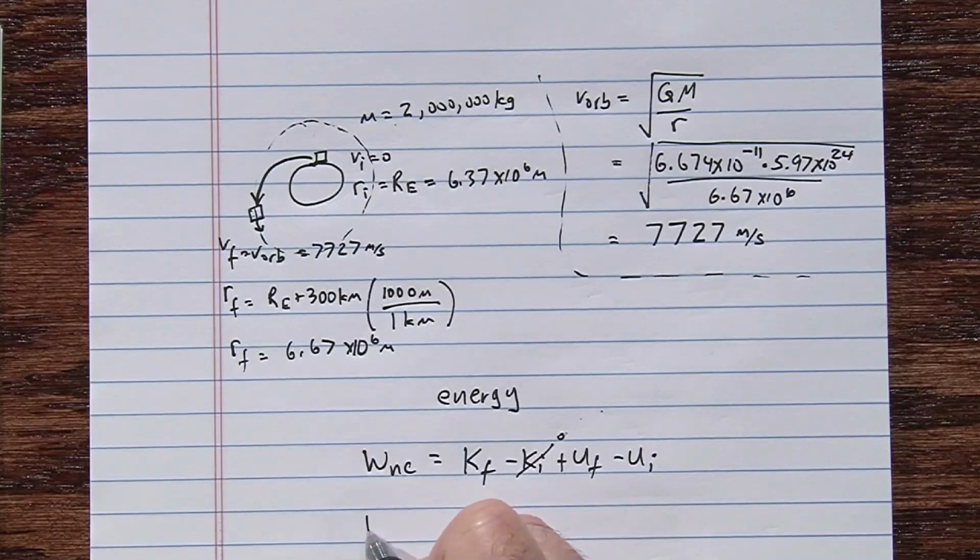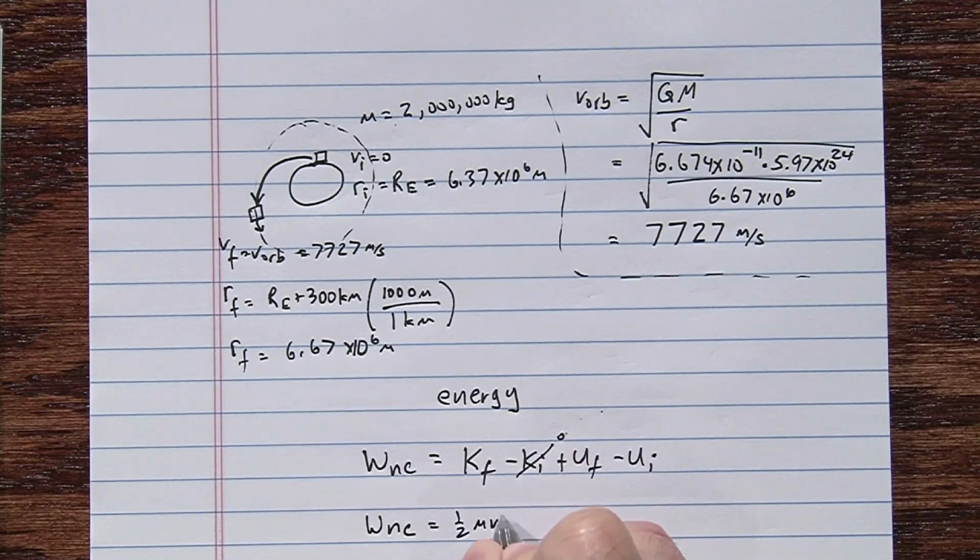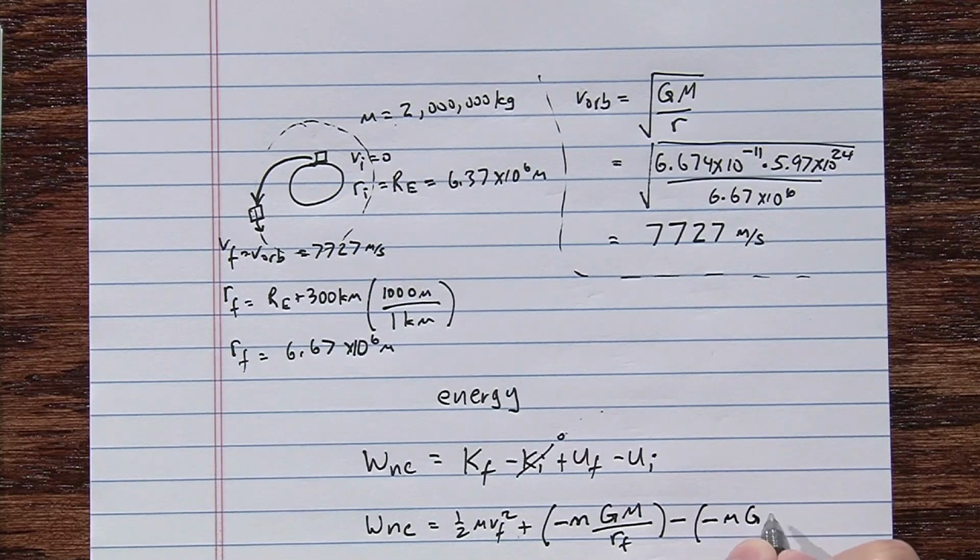We have work non-conservative is equal to 1/2 m v final squared plus the final gravitational potential energy, that's minus mass of the shuttle times big G times mass of the Earth, big M, divided by R final, minus our gravitational potential energy initial, which is minus little m, big G times mass of the Earth over R initial.